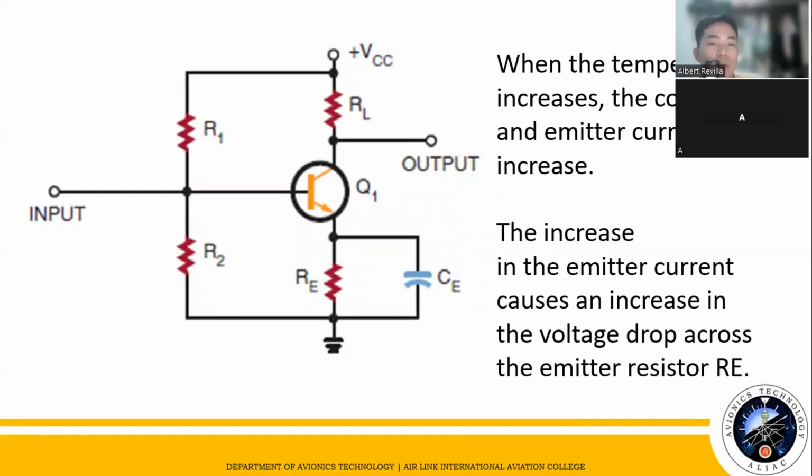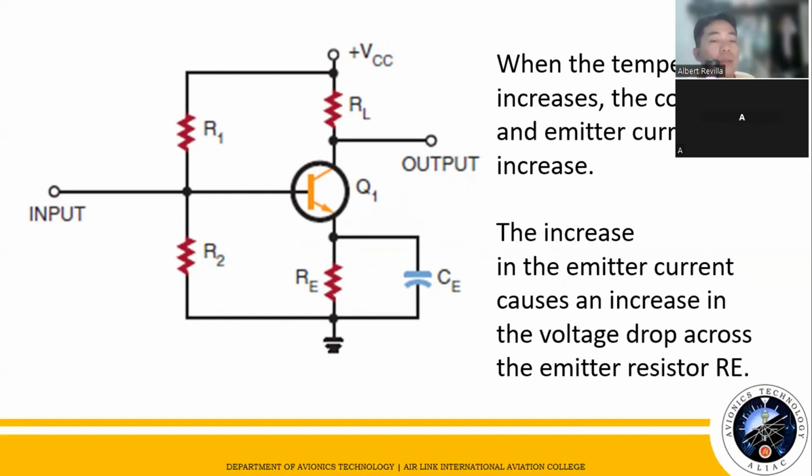And then when the temperature increases, the collector and the emitter currents also increase. So the increase in the emitter current causes an increase in voltage drop across the emitter resistor. So this results in the emitter becoming more positive with respect to the ground.